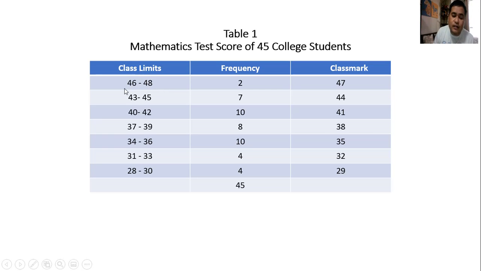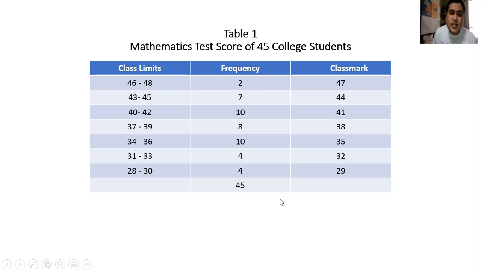Since the interval of the class limits is 3, for 43 to 45 we have the class mark 44, 40 to 42 we have 41, 37 to 39 we have 38, 34 to 36 we have 35, also the middle of these limits, 31 to 33 we have 32, and then 28 to 30 we have 29. So you have already constructed a frequency distribution table.